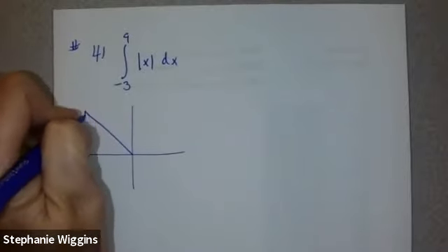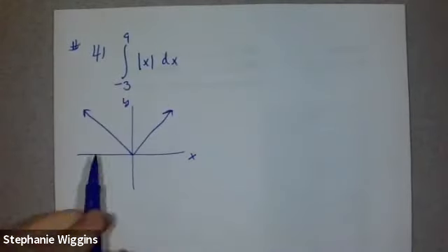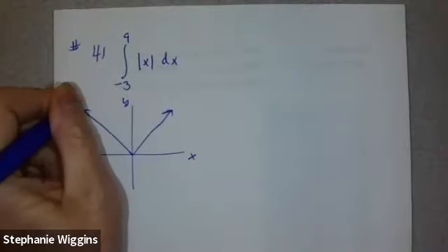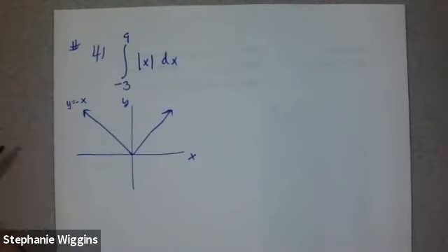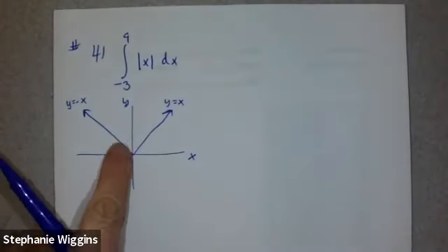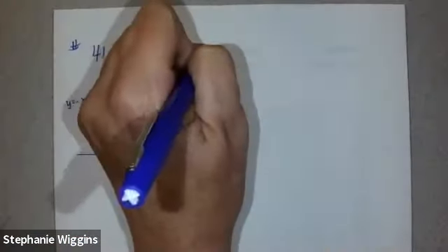If you think about it, here's the absolute value function in the Cartesian plane. When x is less than 0, this is y equals -x, this line right here. And when x is greater than 0, it's y equal x. So we have two pieces put together to get the absolute value function.